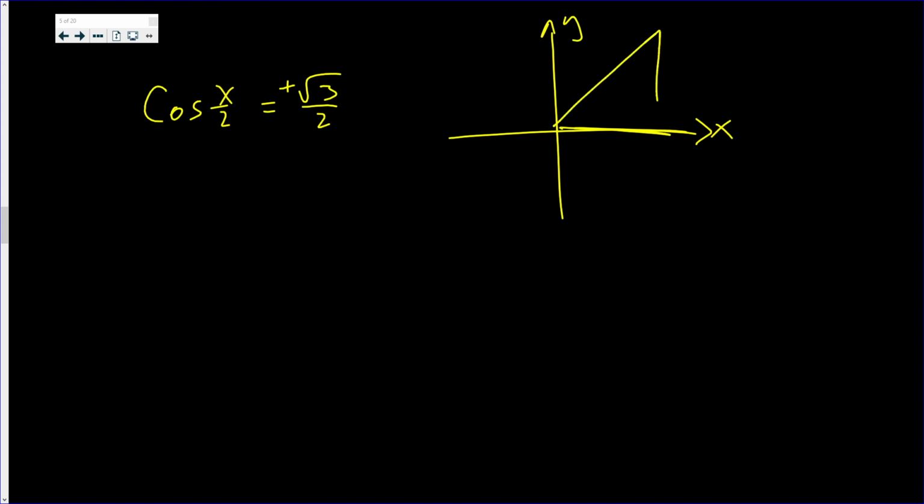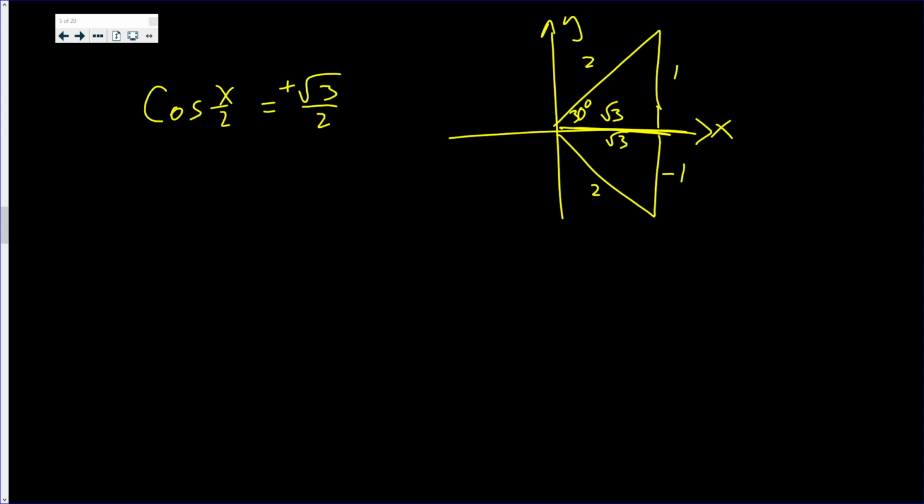You can be in quadrant 1 or you can be in quadrant 4. Cosine is adjacent over hypotenuse, so that's radical 3 over 2, and this angle is 30 degrees. In quadrant 4, the adjacent is radical 3, hypotenuse is always positive, in this case 2, and that's negative.